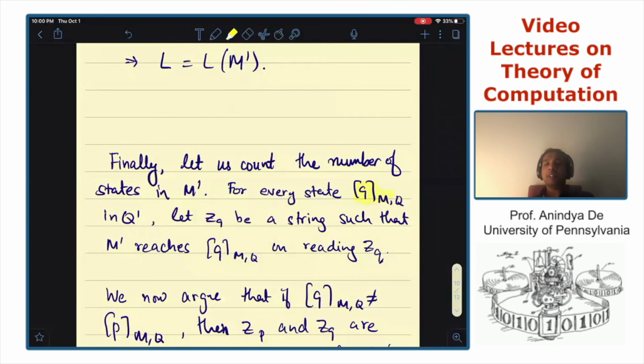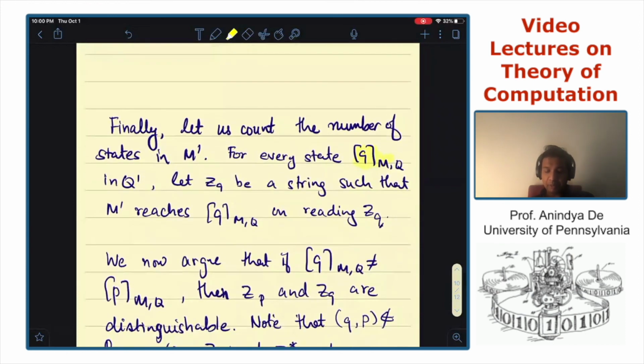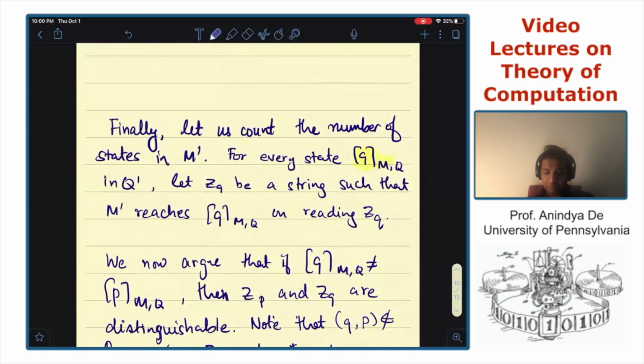Let us assume that it is reachable from the state corresponding to Q naught, that there is some string Z which starts from the equivalence class of Q naught, reads Z and goes to [Q]_M. If this state is not reachable, then you can anyway discard such a state and it will not affect the DFA. So without loss of generality, I can assume that all the states [Q]_M are reachable.